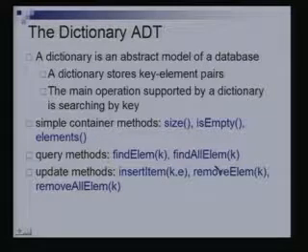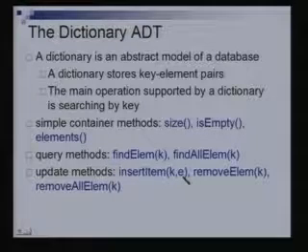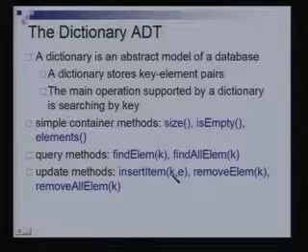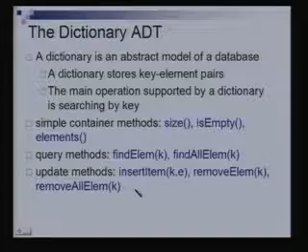You could have update methods. I might want to insert an element E, which has a key k, into my dictionary. I might want to remove an element with a certain key. I might want to remove all elements which have a key k, just what you would think of as a standard thing. But you should remember that there is the notion of a key, and that is crucial for searching.